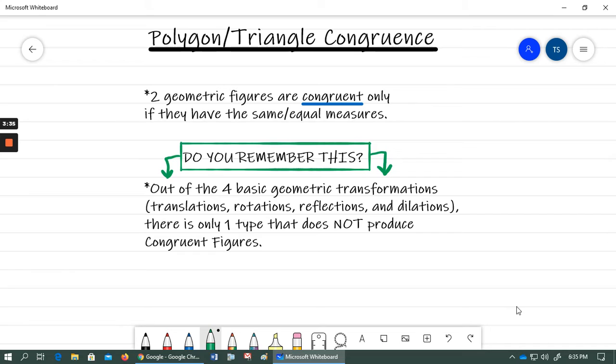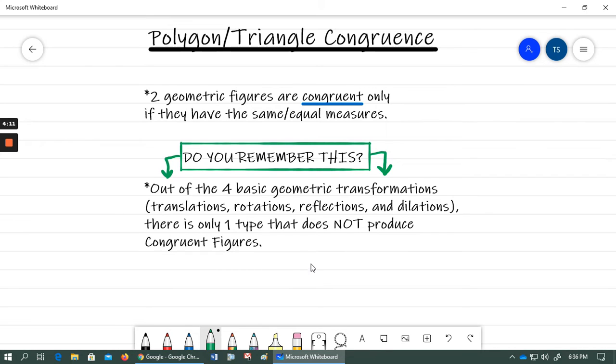Okay, so folks, on this little walk down memory lane, let me ask you this: do you remember this right here? Out of those four basic geometric transformations, and again, those four basic geometric transformations that we had discussed were translations, rotations, reflections, and dilations. Out of those four, there was only one type that does not produce congruent figures.